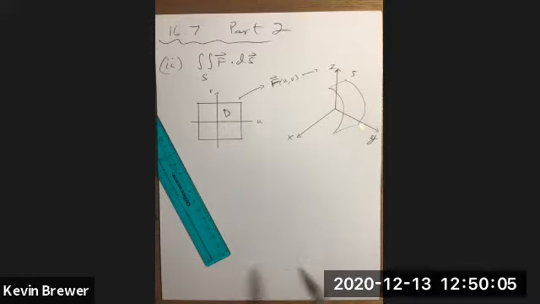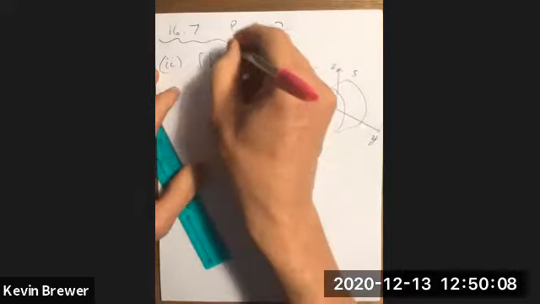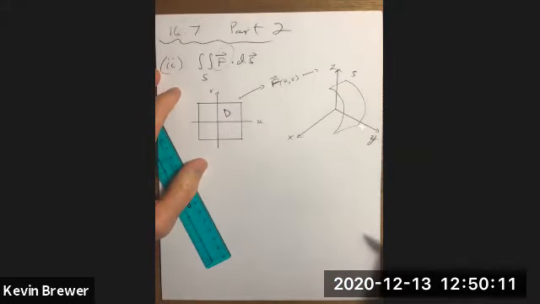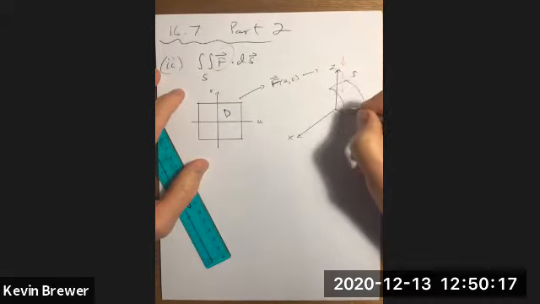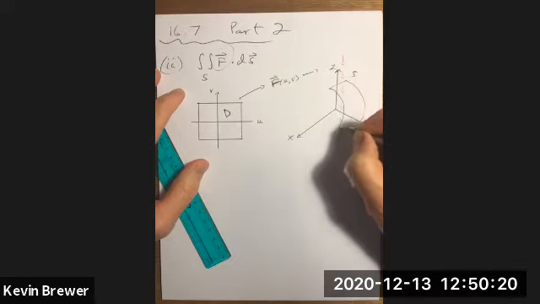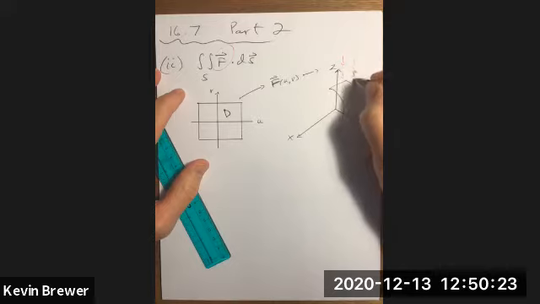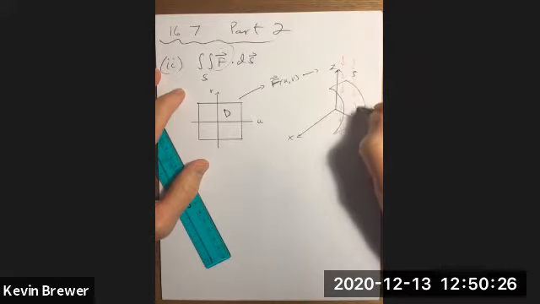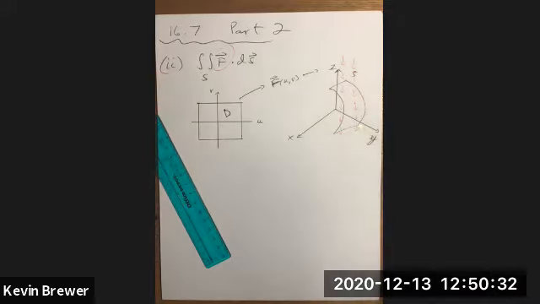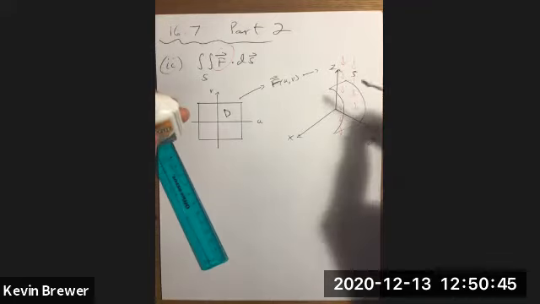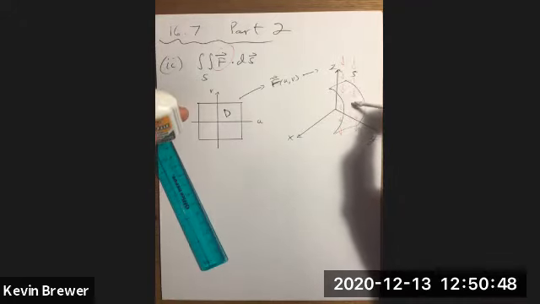Okay, and I also want to draw a little bit of the vector field F. I think I'll indicate that F is kind of going like this, where some of these vectors of the vector field are behind the surface S. So I'll indicate that by dashing these a little bit.